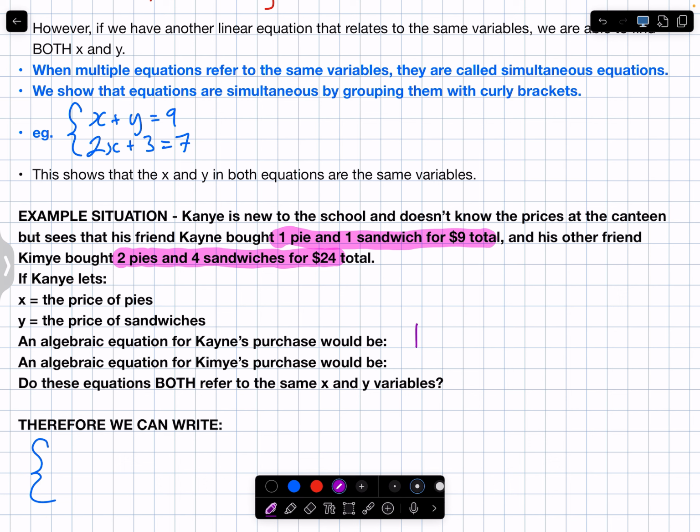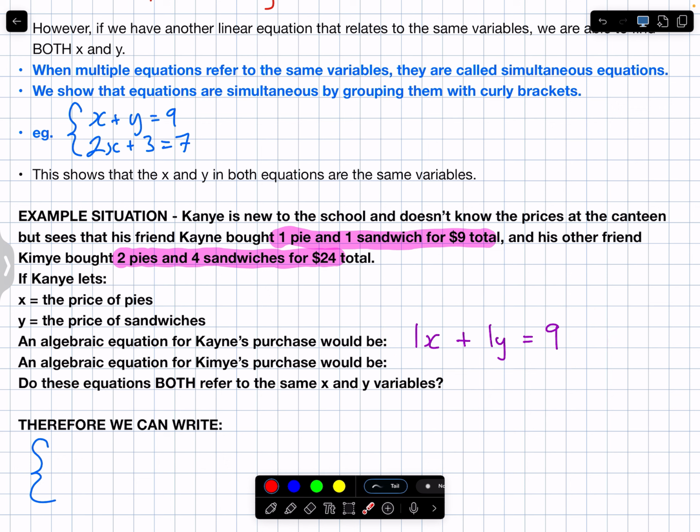It'd be 1 times x, or 1x, plus, did Kane buy a sandwich as well? How many sandwiches did he buy? What variable did we use to represent the price of the sandwich? So 1x plus 1y equals, how much did it cost him? 9. Good. We cannot solve this yet because there's 2 variables.